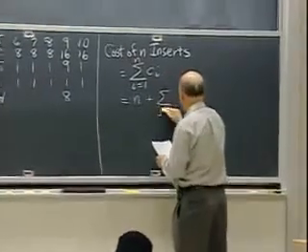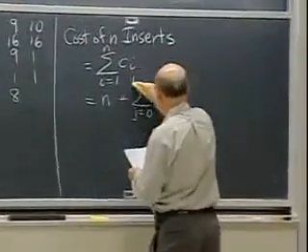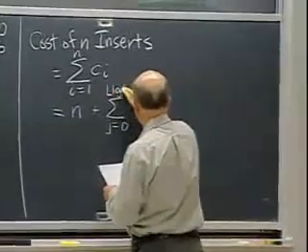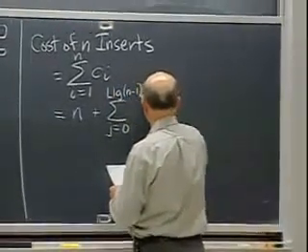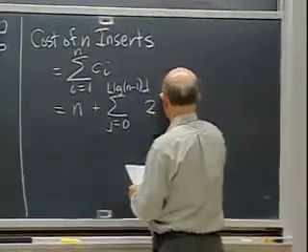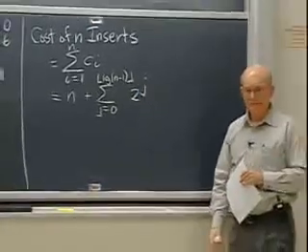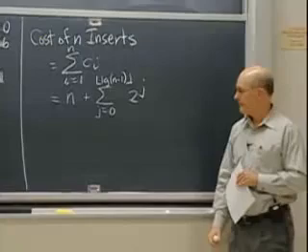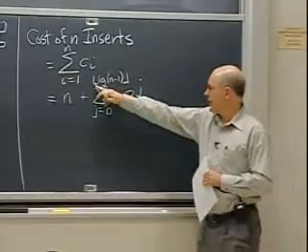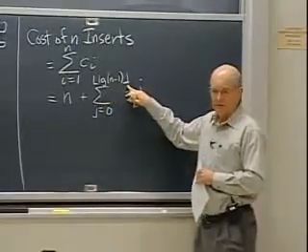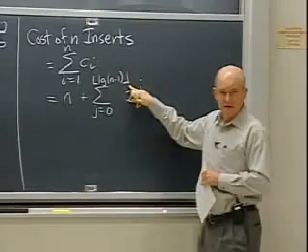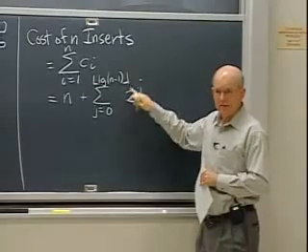So if I do my algebra properly, that's the sum up to floor of log n minus 1 of 2 to the j. I'm just adding up all the powers of 2 that aren't going to exceed my n.